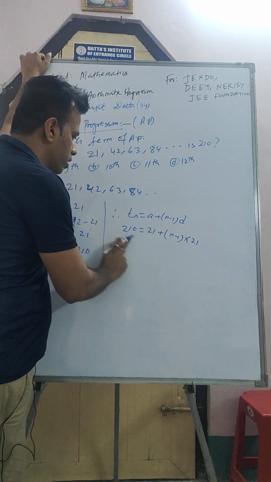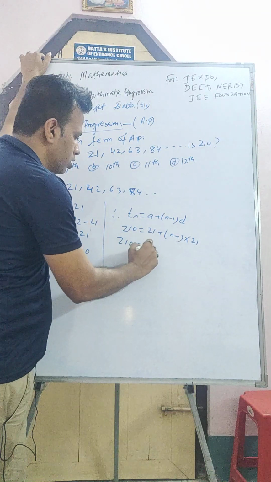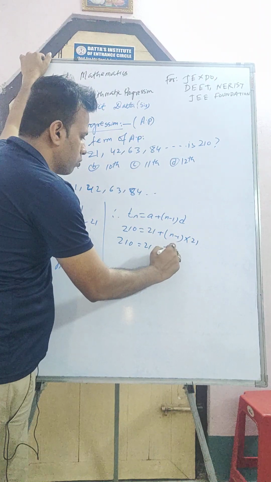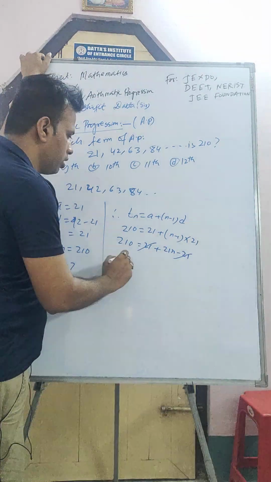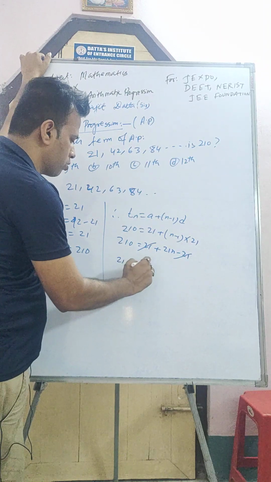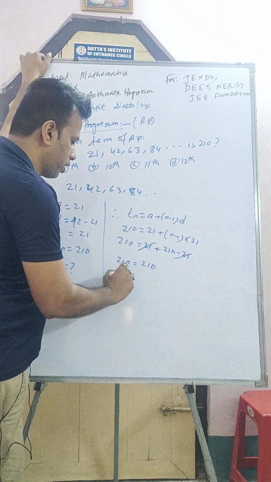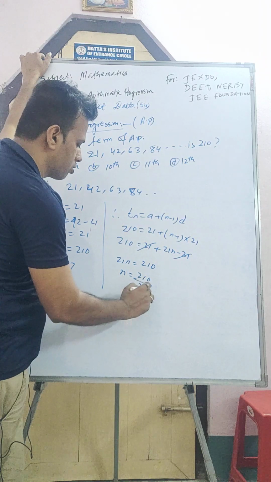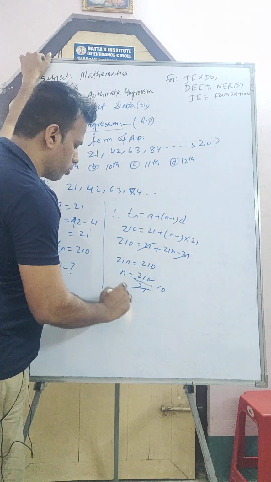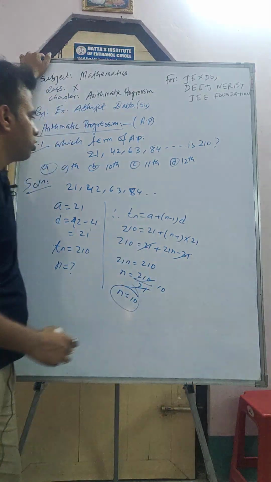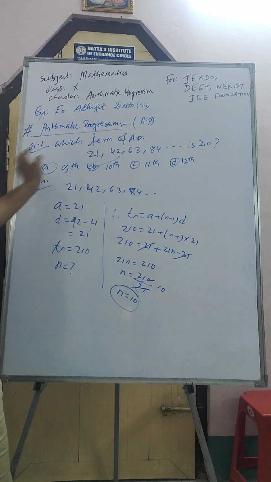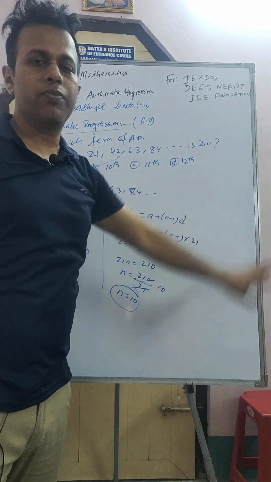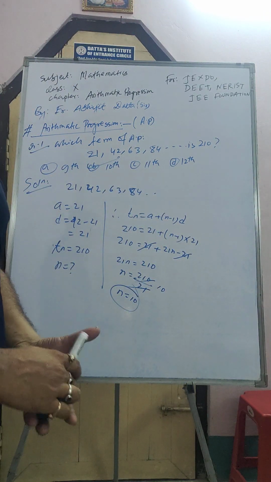So 210 equals 21 plus n minus 1 times 21, and the 21 and minus 21 cancel. So n equals 210 by 21, which is 10. So the 10th term of the AP will be 210.